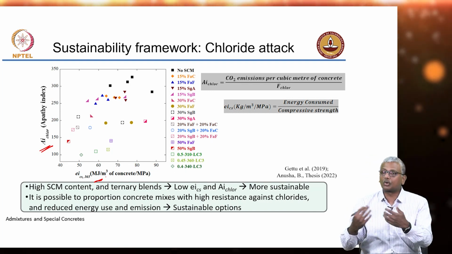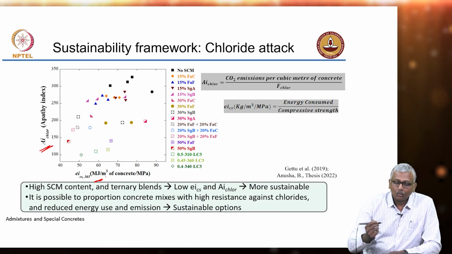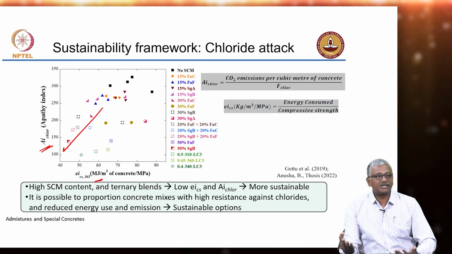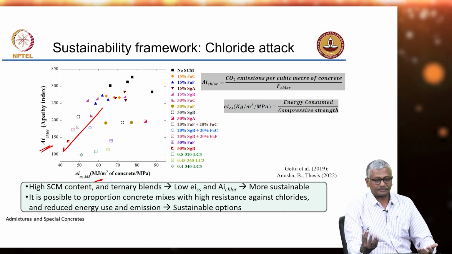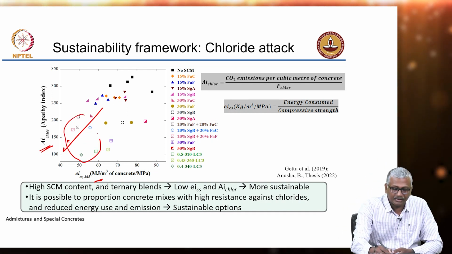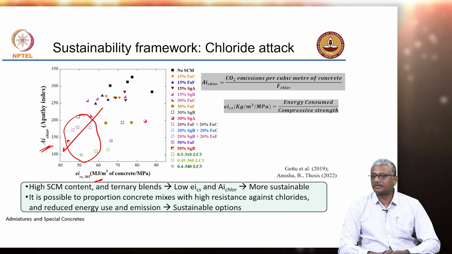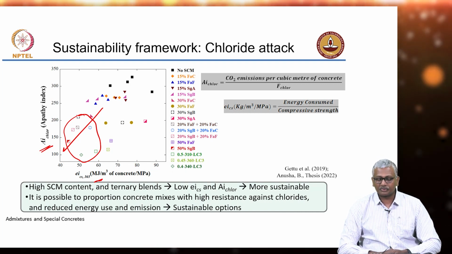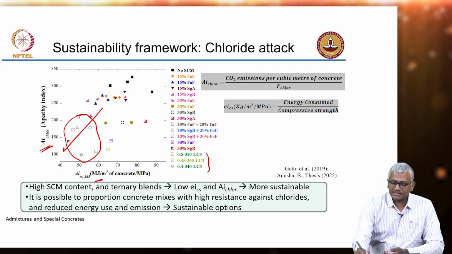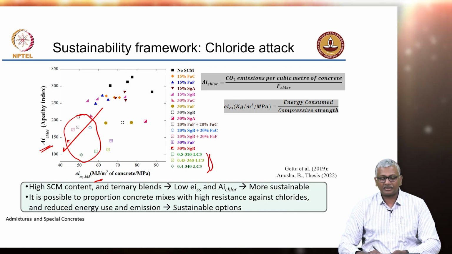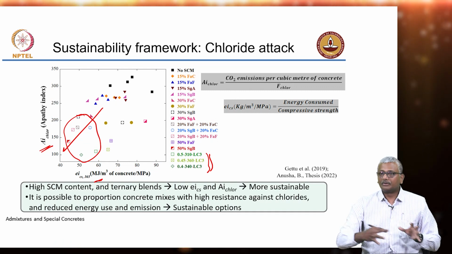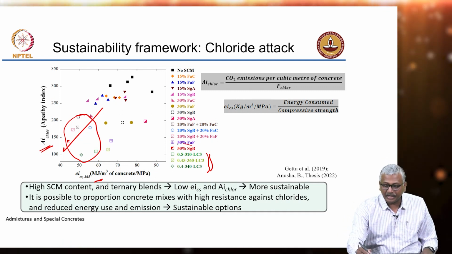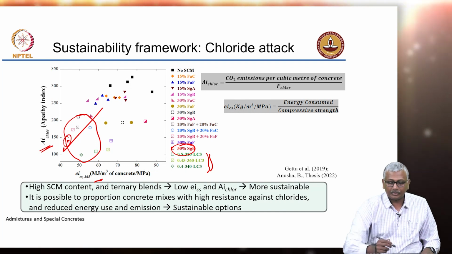So, let us say for a chloride attack scenario, you want as low an apathy index and as low an energy intensity factor as possible. So, you want to select the mixtures that are located somewhere here. From this plot, what you seem to indicate is that the systems with LC3, all of them are really falling in this low apathy, low energy index category. The systems with a high amount of slag are also falling there.